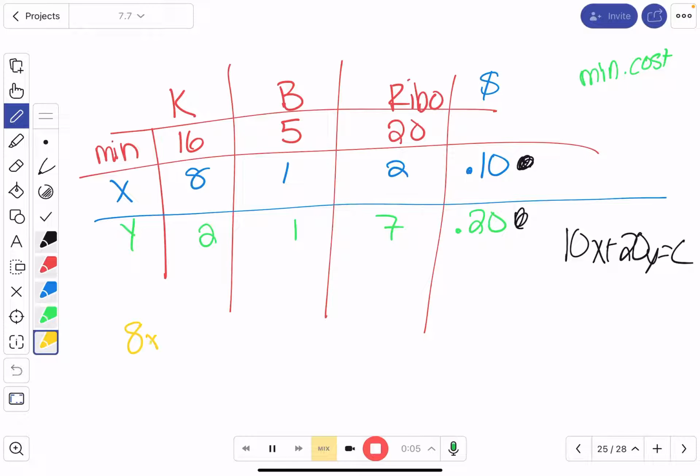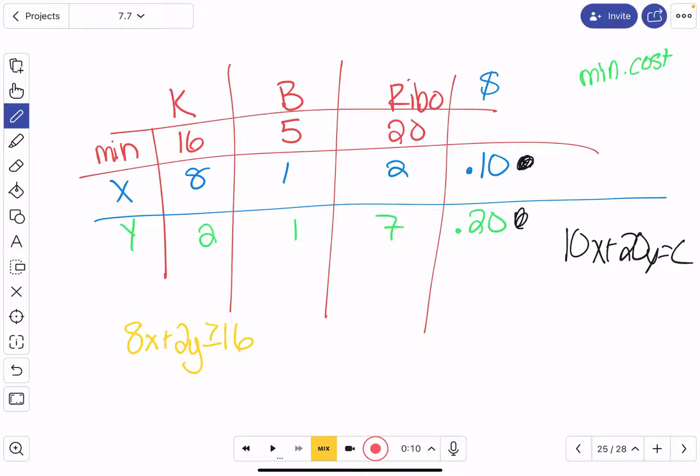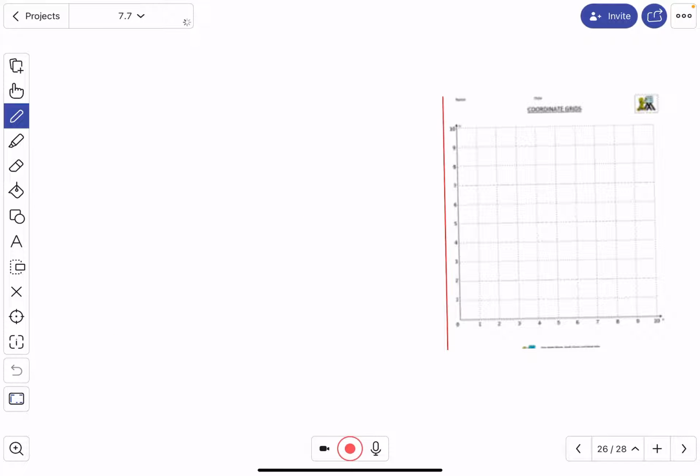We need 8x plus 2y, and that has to be greater than or equal to 16. If I solve for y, I subtract 8x from both sides and divide everything by 2. Now we have a line we can graph. So y is greater than or equal to 8 minus 4x.